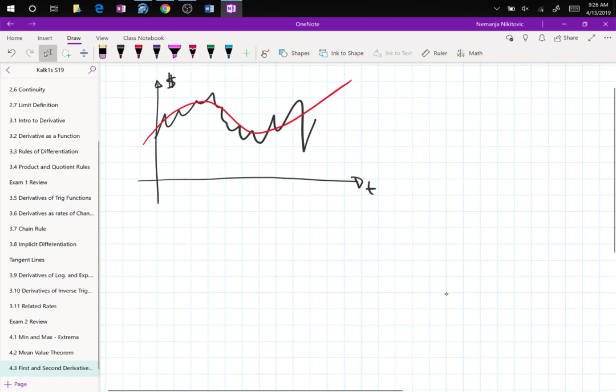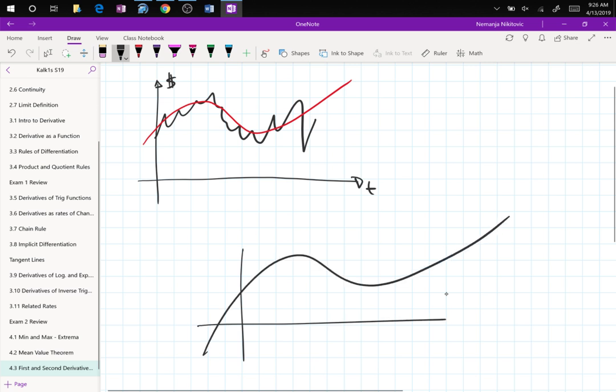So if I am to just now take it out of the applied setting and just put an arbitrary function, what we see is that we have a relative max. We also have a relative min, and those are where you have your slopes to be 0. But then what we are concerned with today is that there is a piece from negative infinity to whatever this value a is, on which the function is increasing.